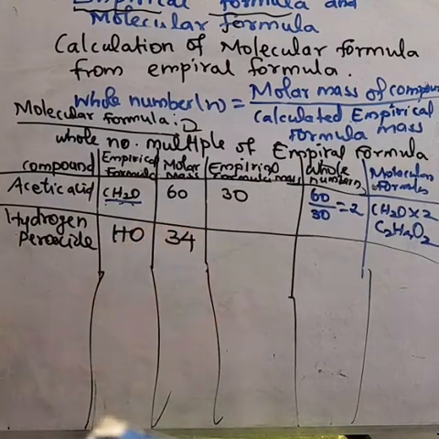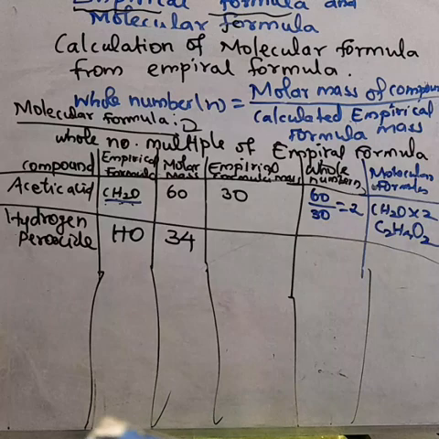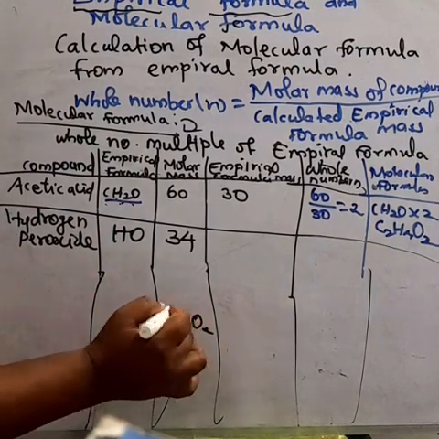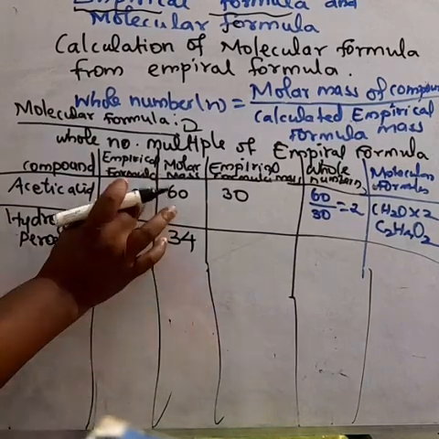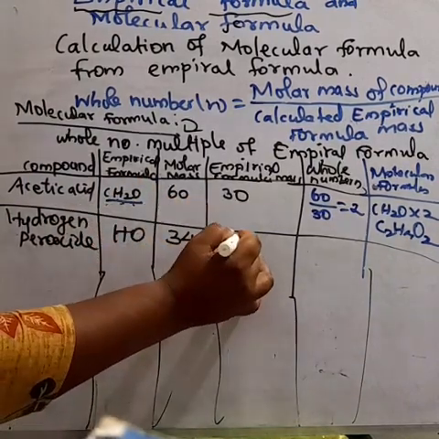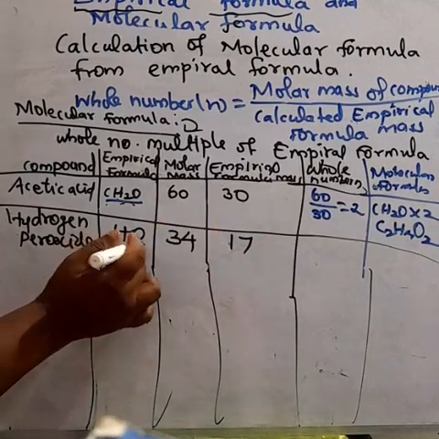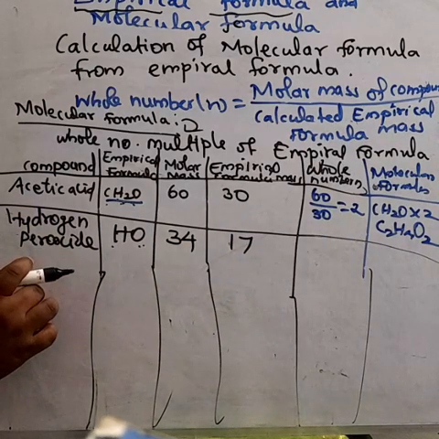When we add all the atomic masses of each and every element present in the compound, we get the molar mass. Empirical formula mass is 17, that is 16 plus 1 for hydrogen, 17.